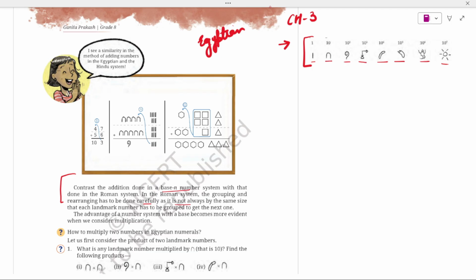So what they are saying is that whenever landmark numbers are grouped together, they form a new landmark number.